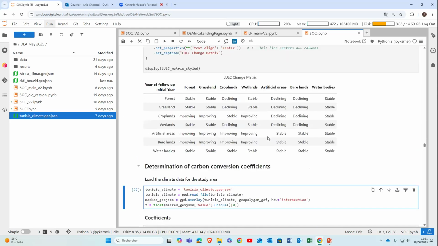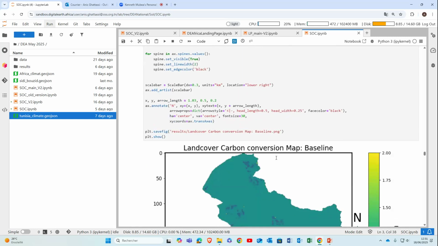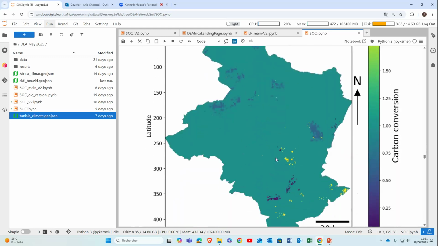We used this in order to extract the information relevant to the carbon conversion based on the spatial distribution of land use land cover and the climate change, and also across with the soil organic carbon distribution.